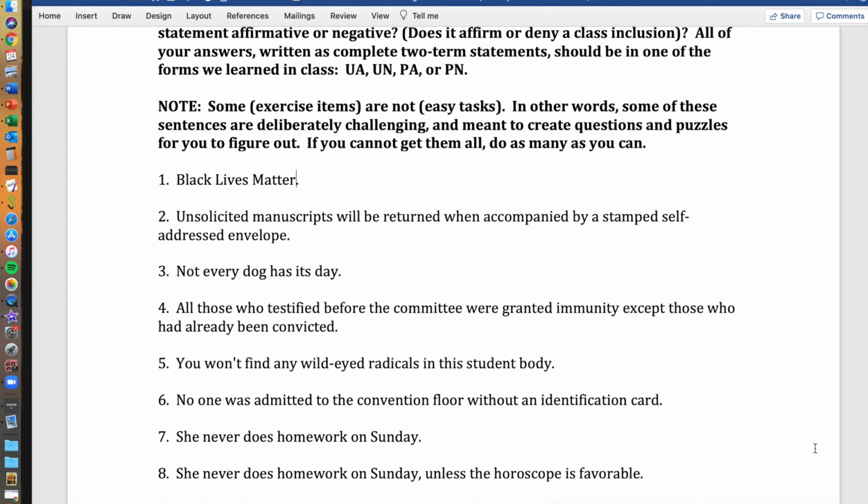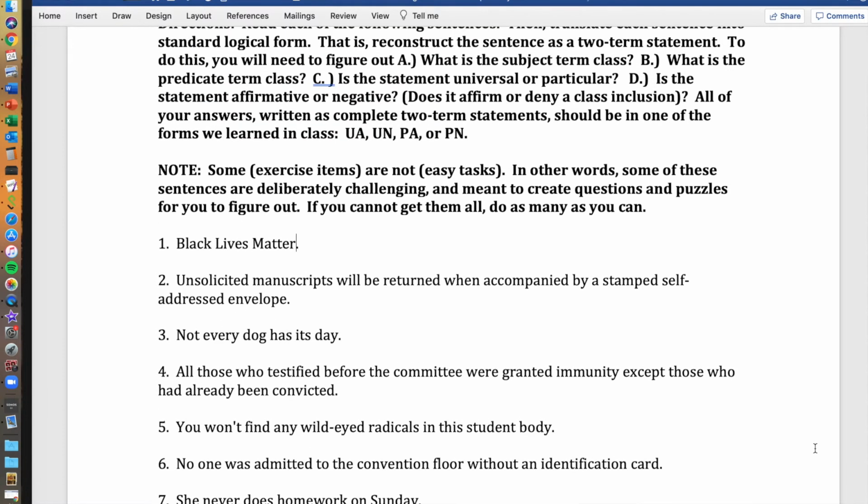So number one, we'll start with an easier one based on a popular slogan in American politics today, Black Lives Matter. And so in this case, again, what we want to know is what's the subject term, what's the predicate term, what's the quality of the statement, and what is the quantity of the statement. So in this case, obviously, the subject term is Black Lives, right?